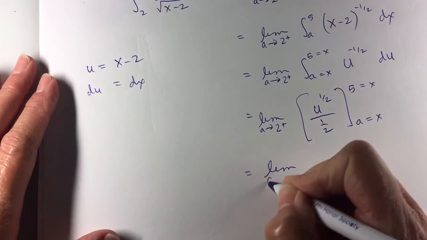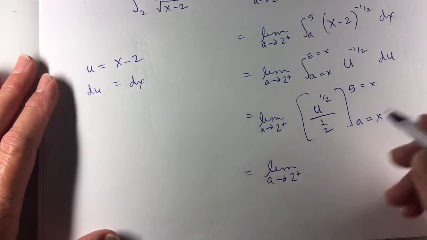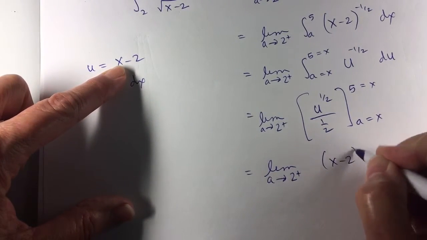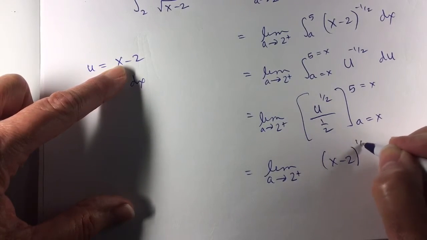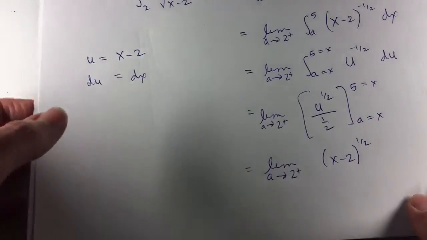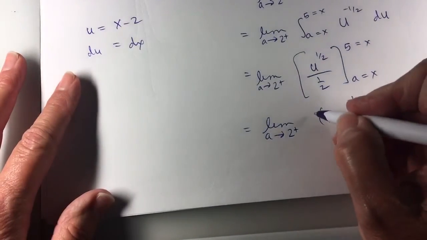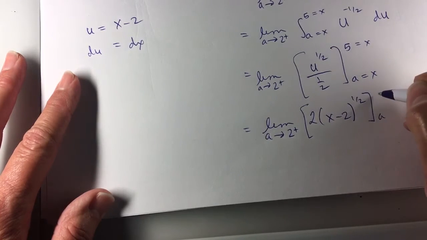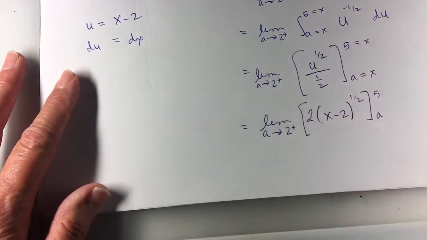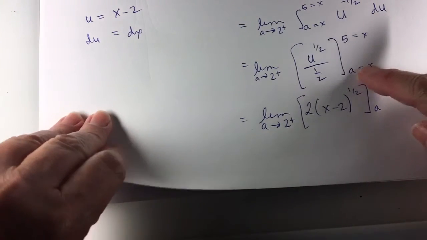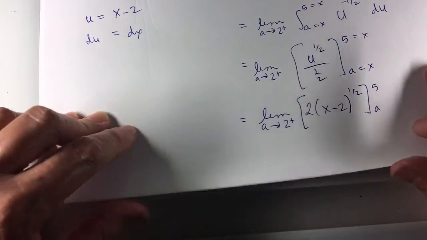So this would be the limit as a approaches 2 from the right of x minus 2 to the 1/2. And instead of over 1/2, what can I write? Times 2. Got that. Now I'm going from a to 5. And I'm back to x, so I can take off this reminder.